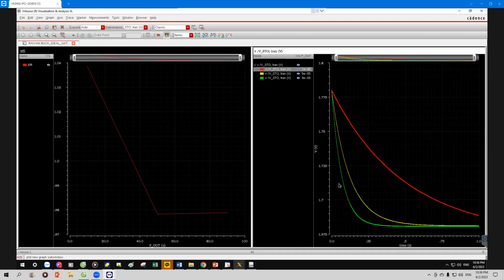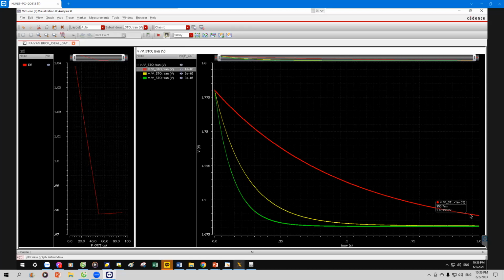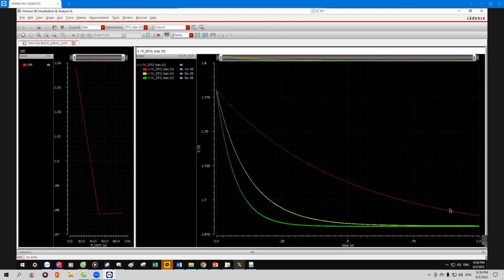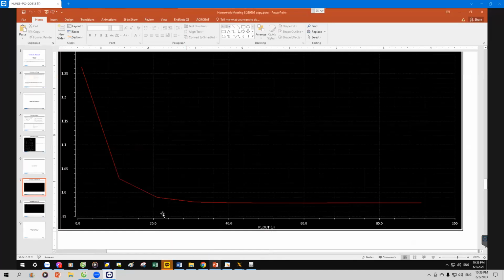Do you see it, Ryan? Yes. Your 1 microwatt has not settled to stable. They should be stable like this, so your results will be correct. But here it is not stable. How to stabilize?